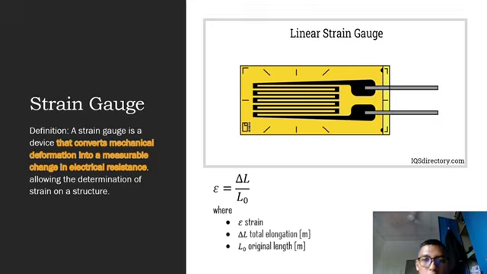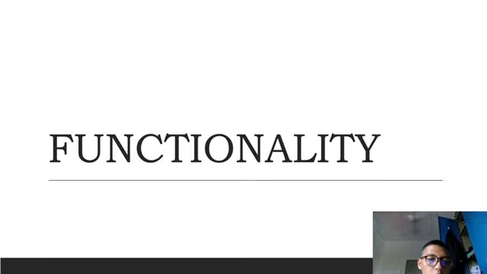The image on the top right shows the strain gauge. On the bottom is the formula of strain: strain equals total elongation divided by original length. So we go to functionality.